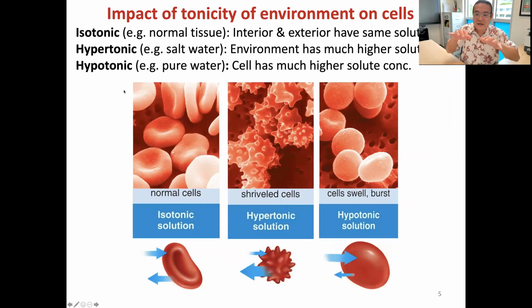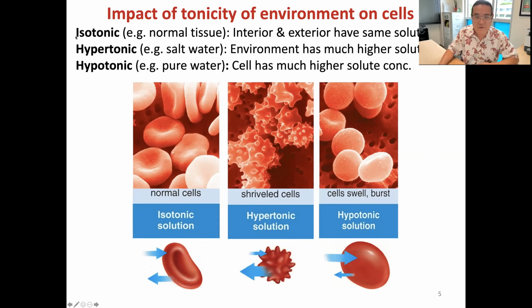And so this quality of a solution or an environment in which you're talking about a cell being placed has to do with the tonicity of the environment surrounding the cell. So in normal situations where you have, let's say, red blood cells in normal blood, that solution surrounding the cells is an isotonic solution.